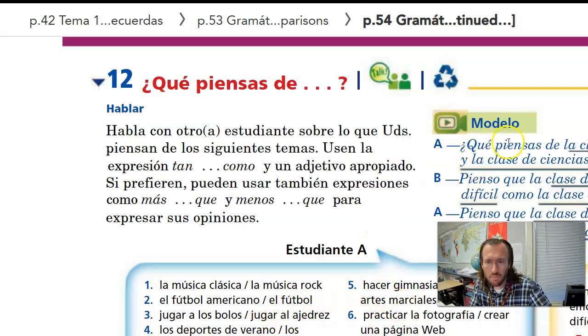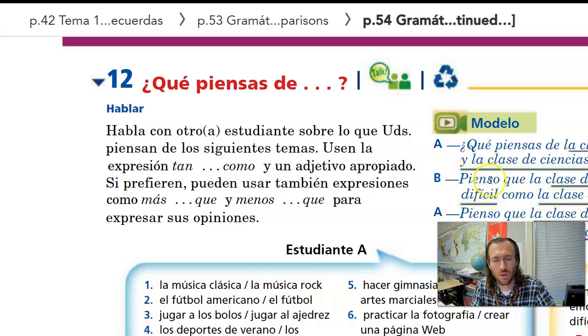So for example, ¿qué piensas de la clase de matemáticas y la clase de ciencias? What do you think of math and science class? Make a comparison. How are the two similar or different? Pienso que la clase de matemáticas es tan difícil como la clase de ciencias. Pienso que is I think.